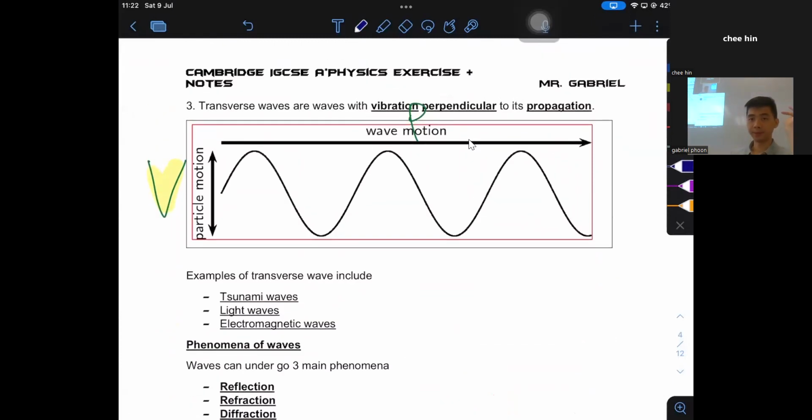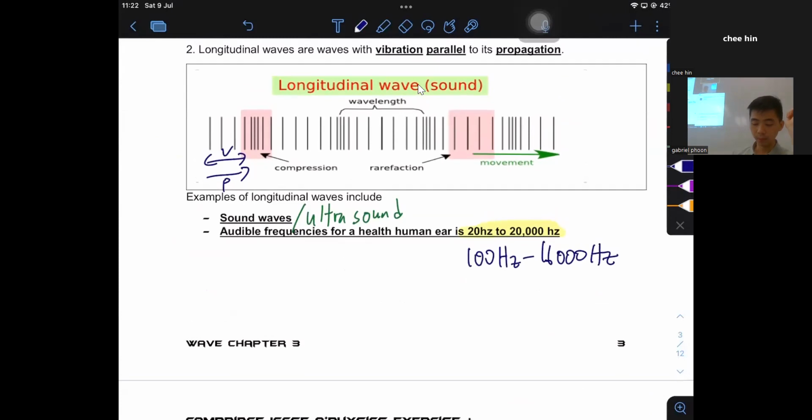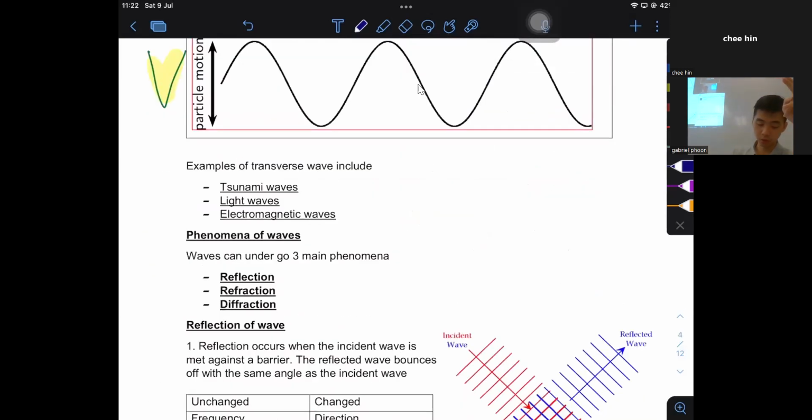Yeah, and finally, this last part here is basically talking about examples of waves. Guys, in your IGCSEs, you have to understand that only sound and ultrasound are longitudinal waves in your syllabus. Every other wave is going to be a transverse wave. For example, tsunami waves, which are essentially water waves.